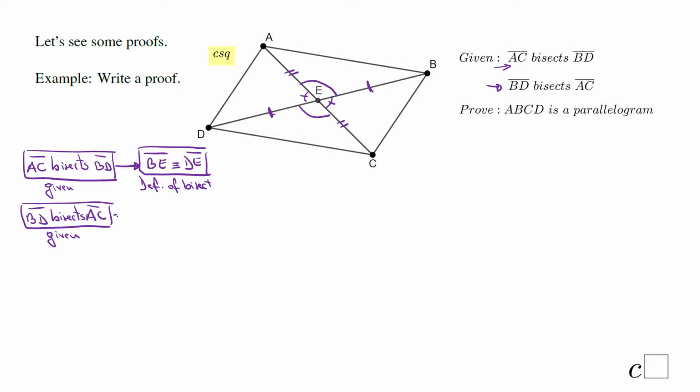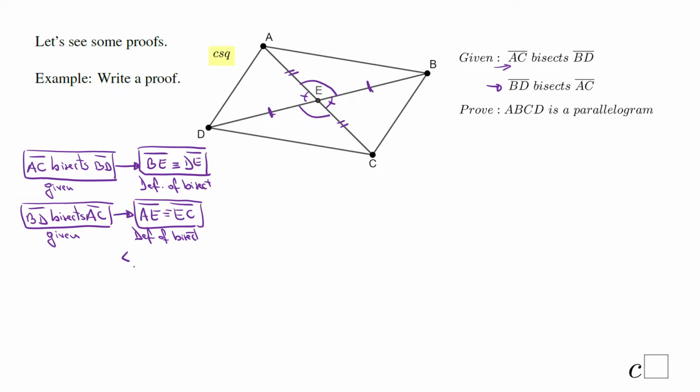And that means AE is congruent to BC. Again, this is the definition of bisector. And if you remember, I said about those two angles being congruent, angles DEC.